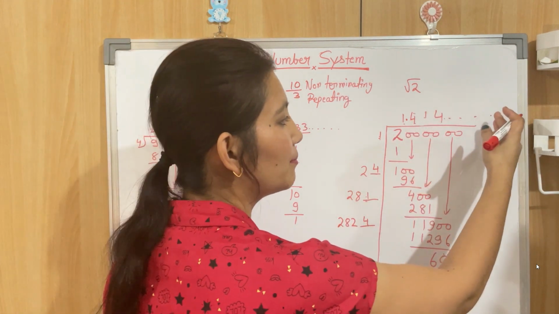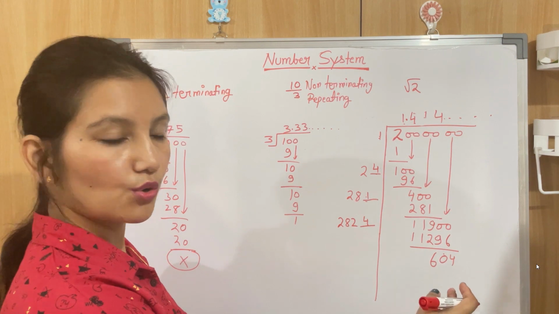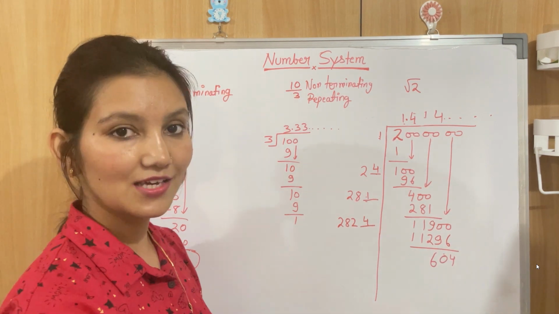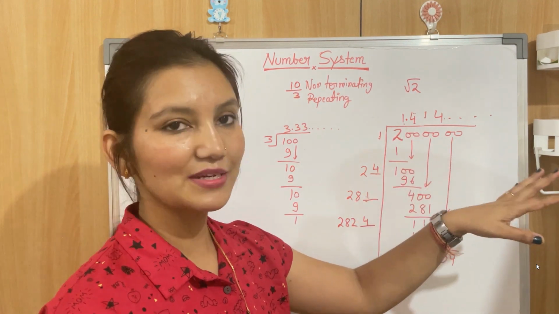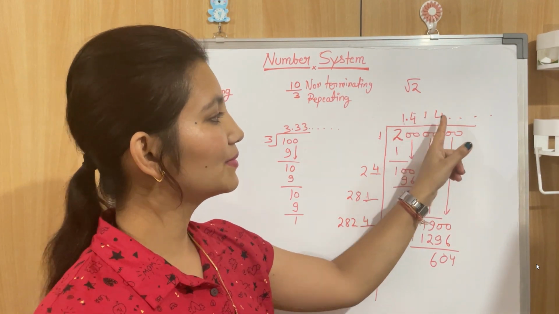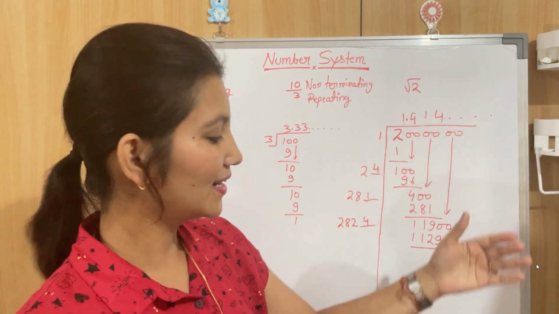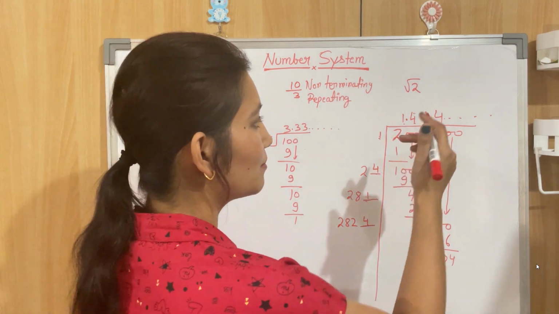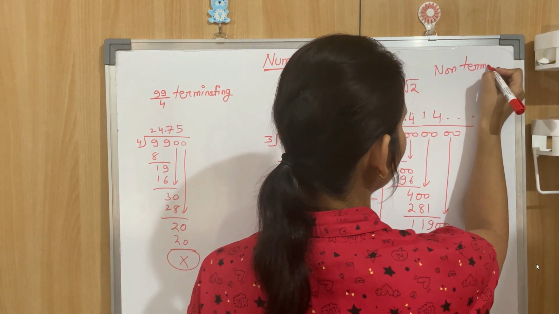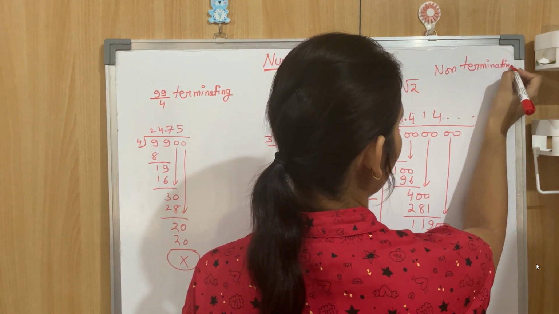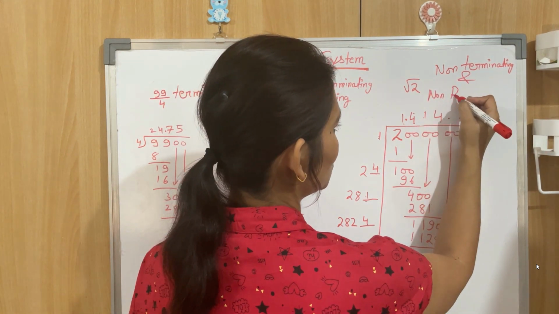Such numbers, because it's too tedious to solve here, you can see for yourself if you want, but I don't want to do it. So you see that this decimal expansion won't get repeated, and it's not getting terminated at all. So such numbers are non-terminating, and also non-repeating. You see it?